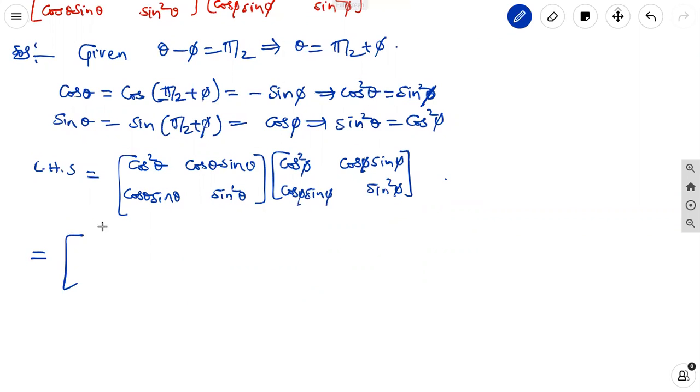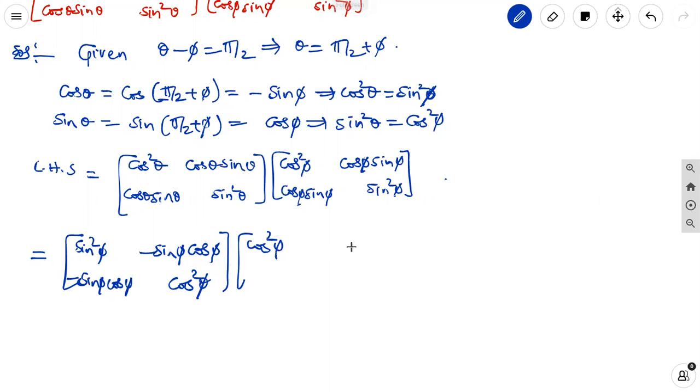In the place of cos square theta, we can write sin square phi. Cos theta is minus sin phi, sin theta is cos phi, so cos theta sin theta is minus sin phi cos phi. Sin square theta is nothing but cos square phi. Into [cos square phi, cos phi sin phi; cos phi sin phi, sin square phi].